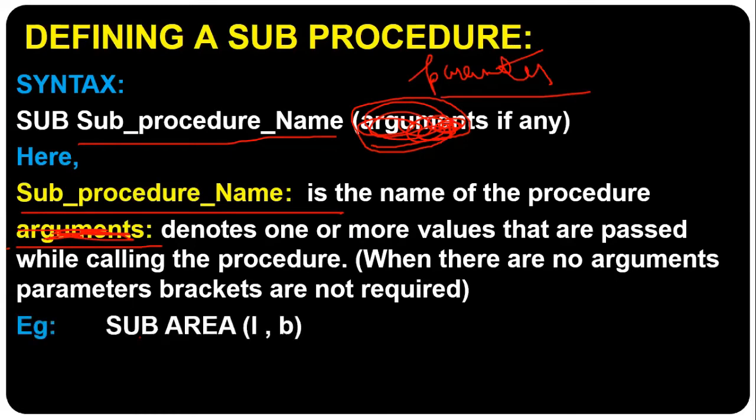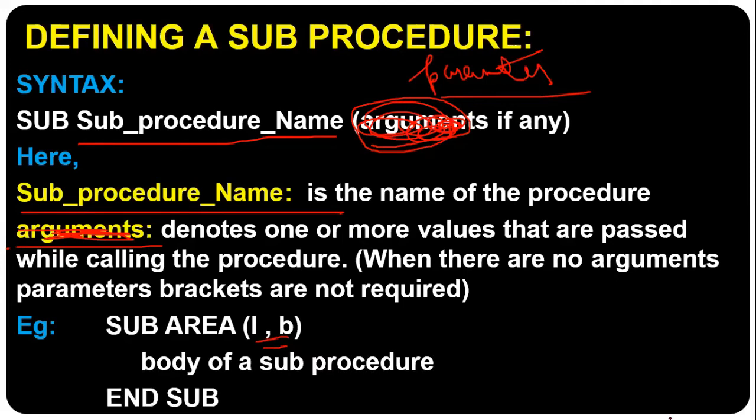So it is sub area, the name of the sub procedure, and the parameters L comma B, and we write down the body, then we write end sub. This is how we define it. Now let's go towards our actual program and see how this works.